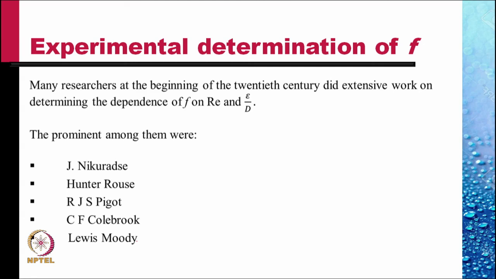Rouse and Pigott worked on developing a representation chart of the data. Colebrook experimentally developed a correlation of the friction factor with the Reynolds number and epsilon by D, and Lewis Moody is credited with putting the work of all these people together into a chart which is famously known as the Moody chart or Moody diagram.